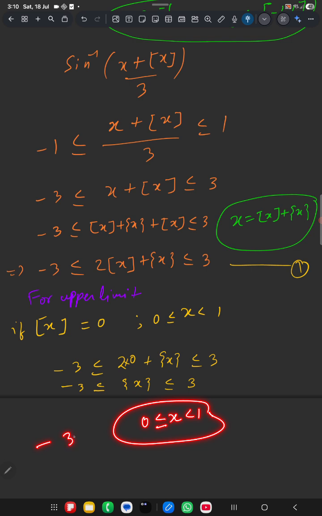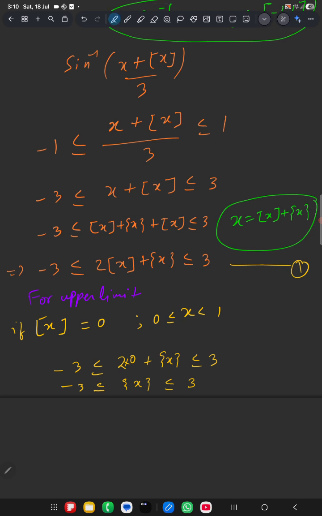So this interval already has all those values of x which satisfy the above inequality.